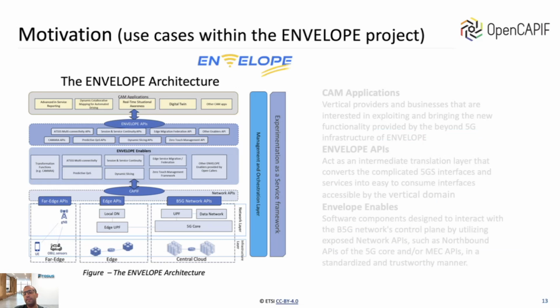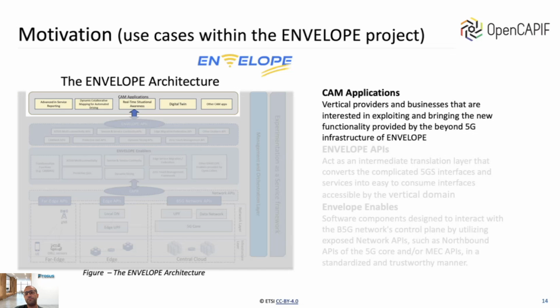Another thing that motivated us was the actual architecture and the use cases of the project in which we made this implementation, which is the Envelope project, a Stream D SNS JU project from Call One. Some short things about the most important layers of the architecture. On the top level are the CAM applications.